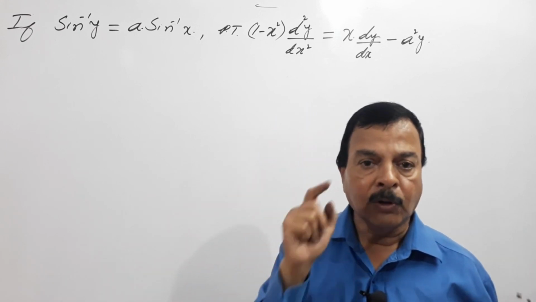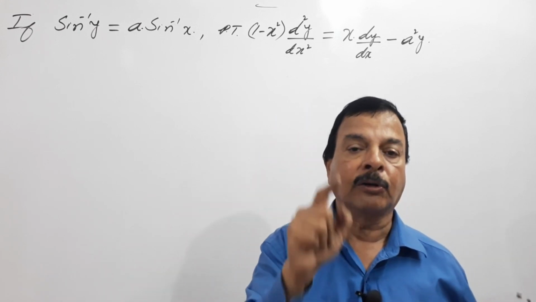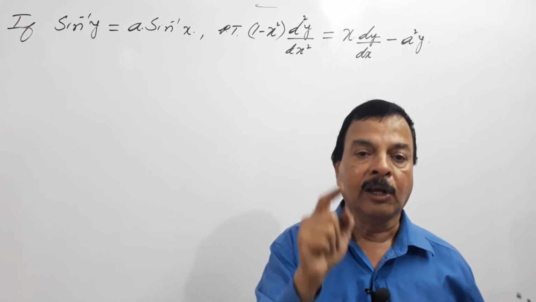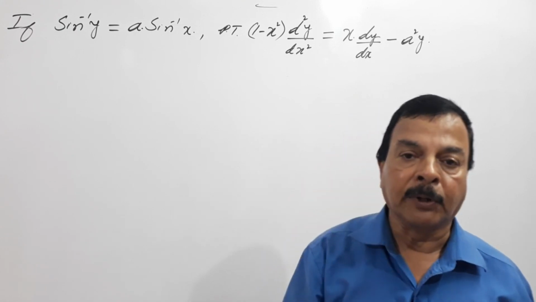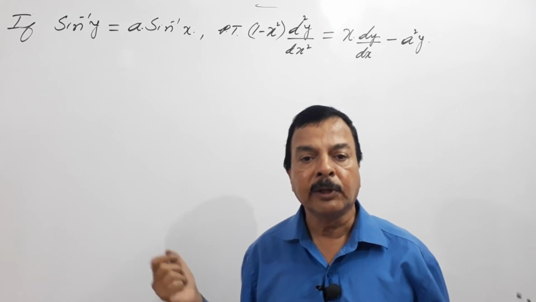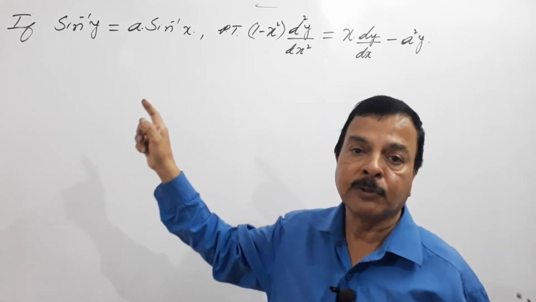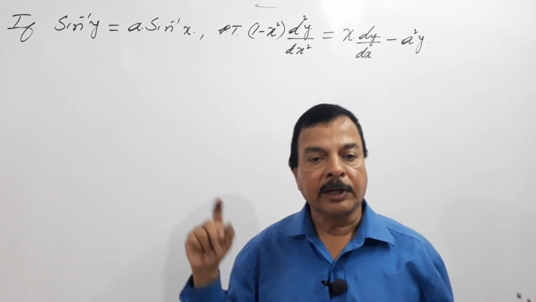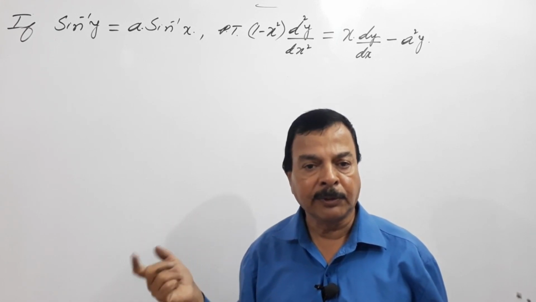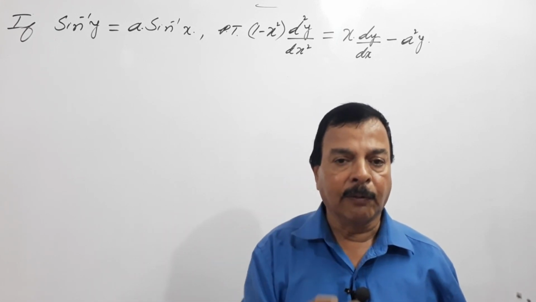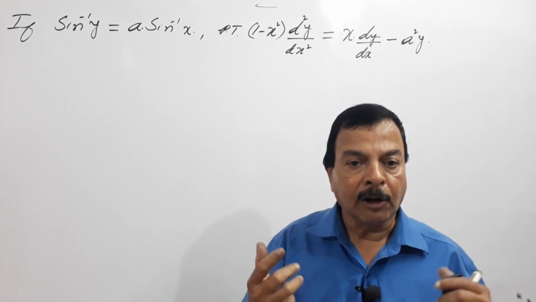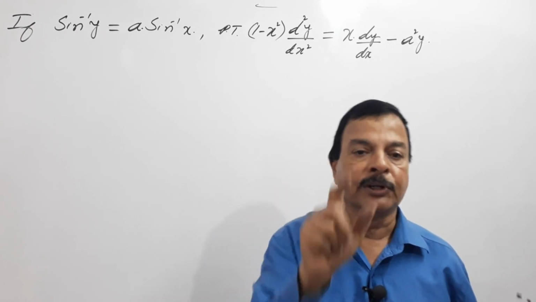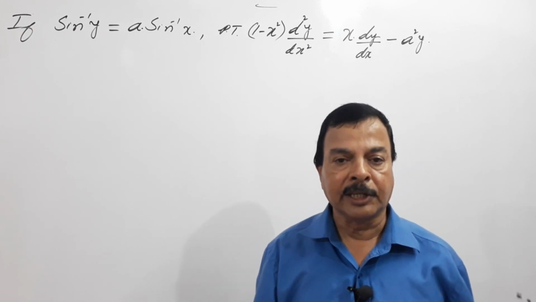The examiner wants to tease you, or to try how well you are equipped to solve such problems. He will select such similar problems so that you get stuck and leave it off. But the intention is not to see that you avoid it, but whether you are prepared for the examination.